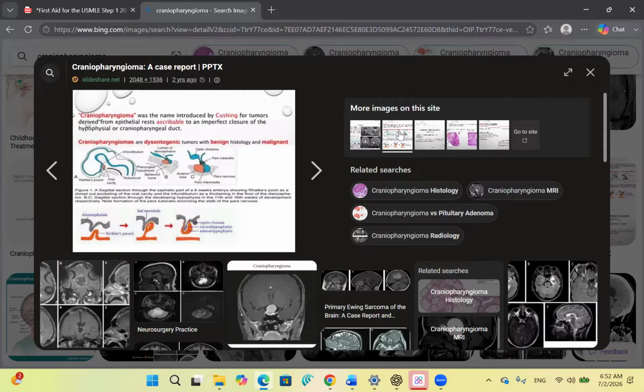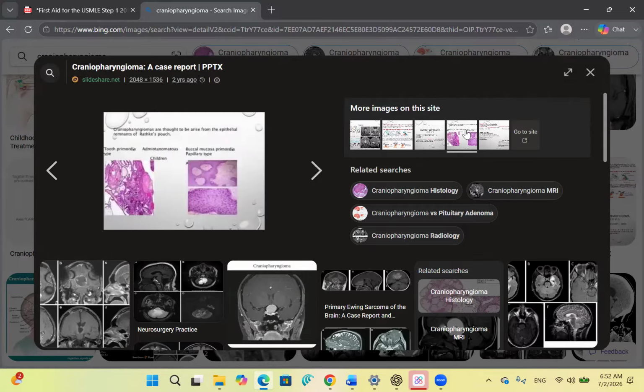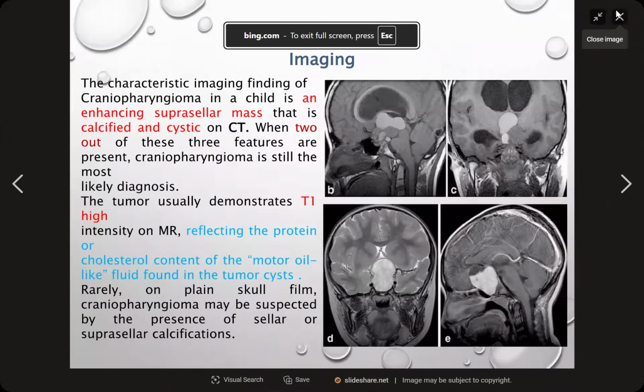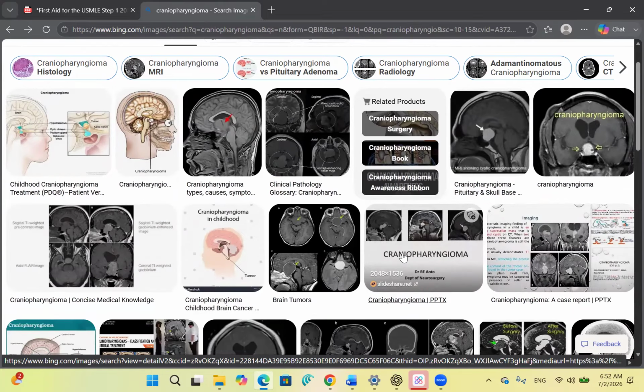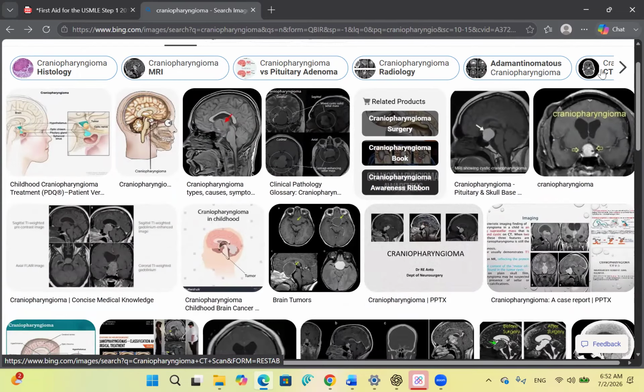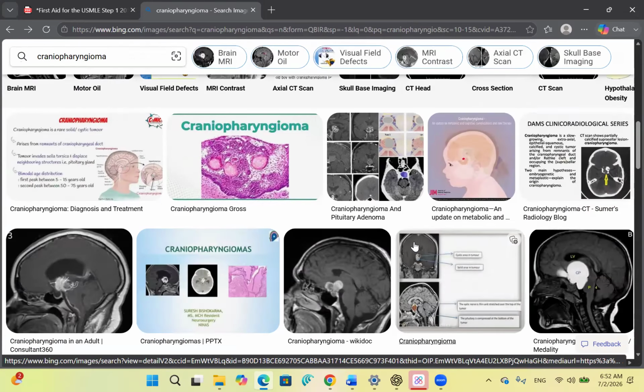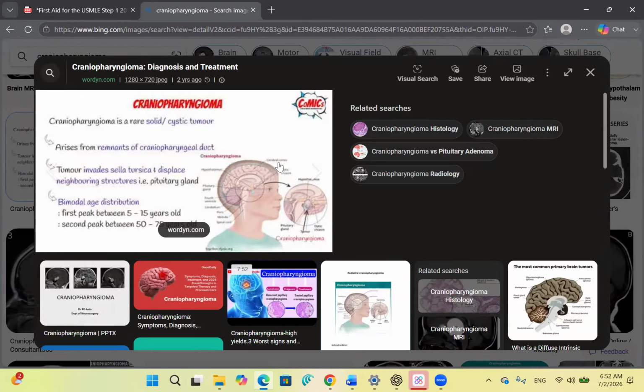It is a solid cystic tumor that arises from remnants of the craniopharyngeal duct. The tumor invades the sella turcica and displaces neighboring structures, that is the pituitary gland. Bimodal age distribution: first peak between 5 to 15 years and second peak between 50 to 70 years.